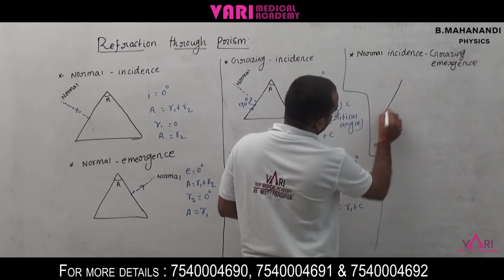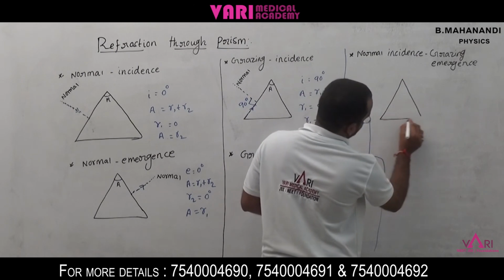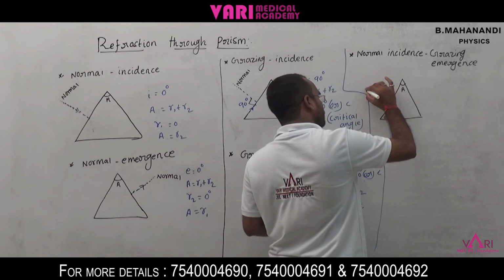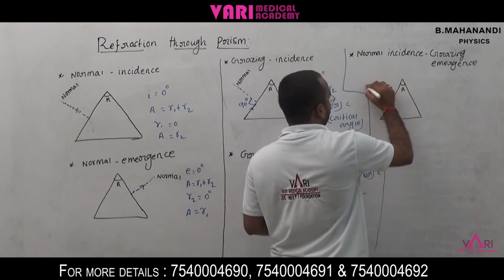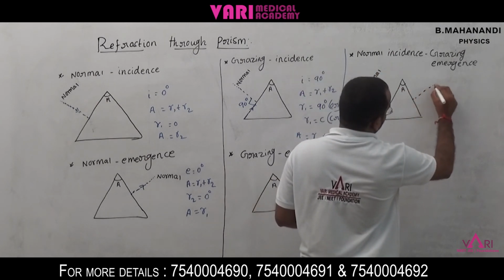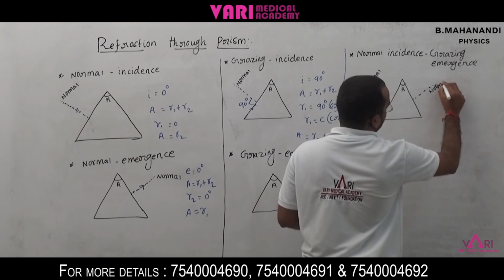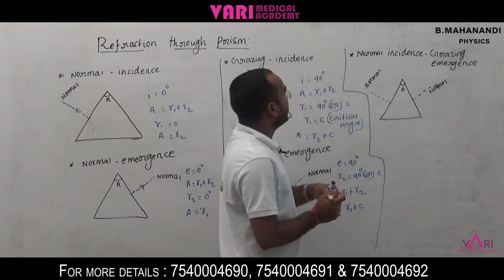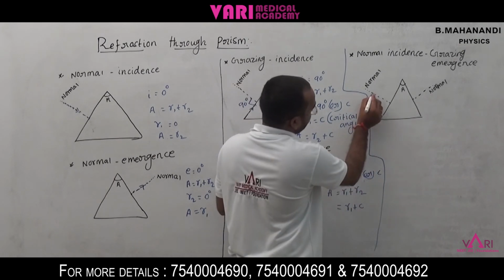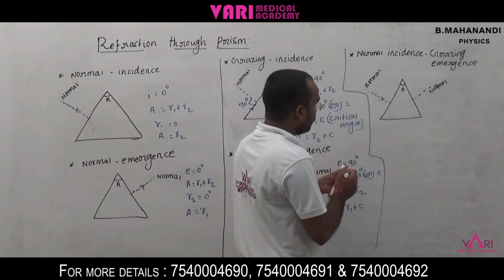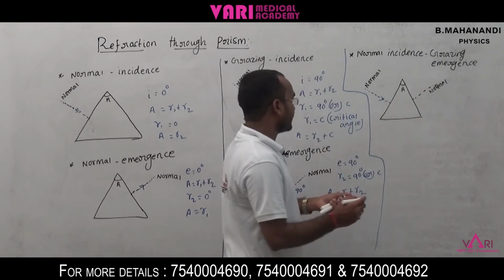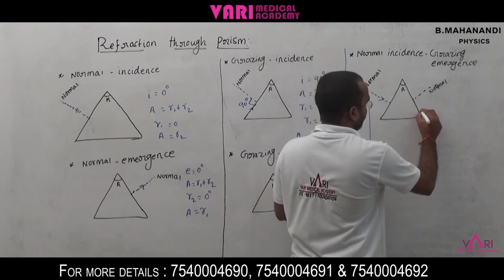Now one of the prisms, an equilateral triangle prism with angle A. Exactly the first surface of the prism is perpendicular to the normal, and the other surface is also perpendicular to the normal. The normal incident ray is passing along the normal. The grazing emergence means the emergent ray is passing along the grazing direction.